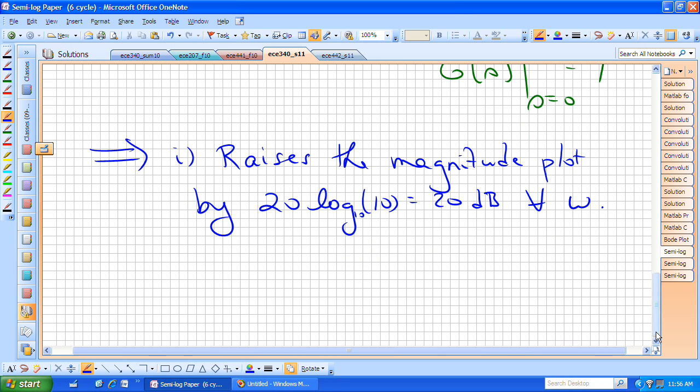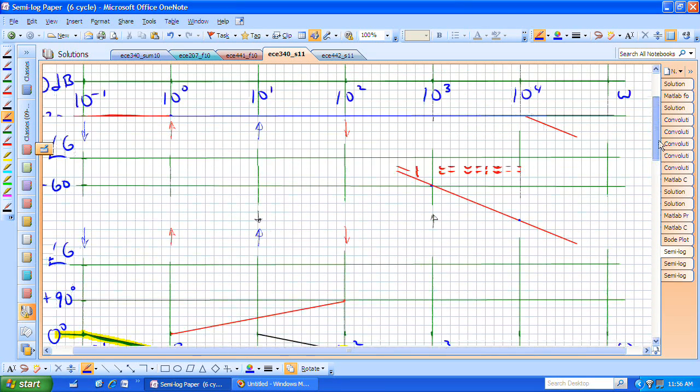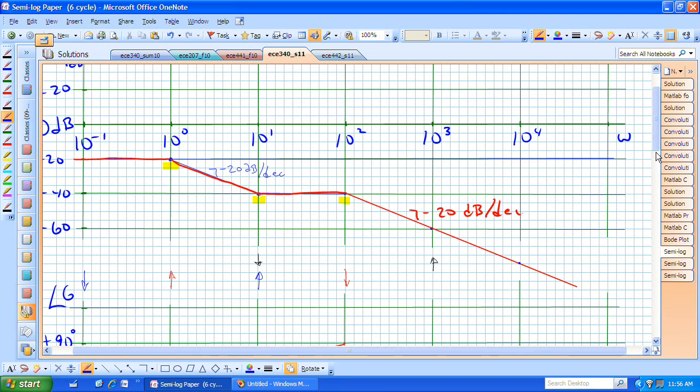And that just means that if we went back to our magnitude plot, we would simply need to move this entire curve up 20 dB.